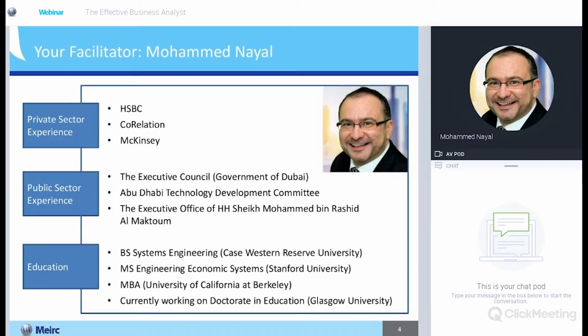Just a quick summary of my background. I started my education in engineering and then transitioned over the years into strategy, where I worked in the financial sector with HSBC America. I also co-founded a startup called Correlation that developed data mining tools, and I worked in consulting with McKinsey.